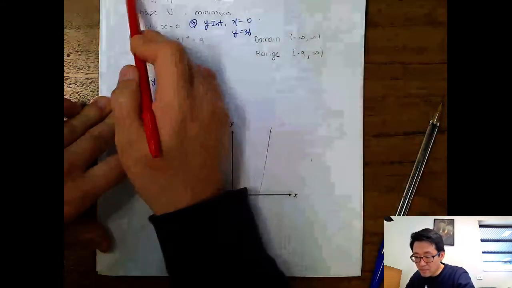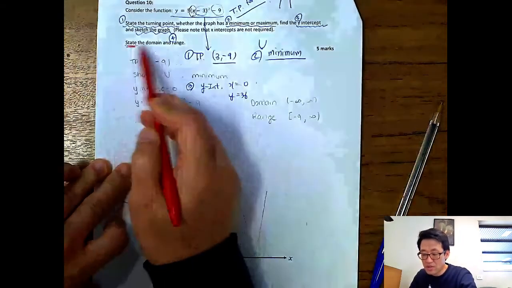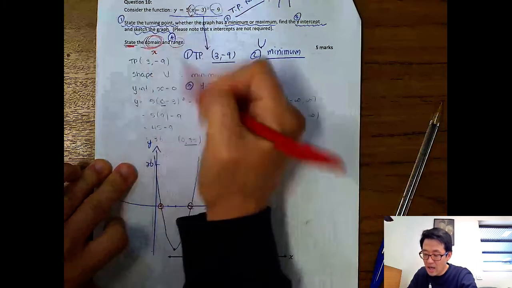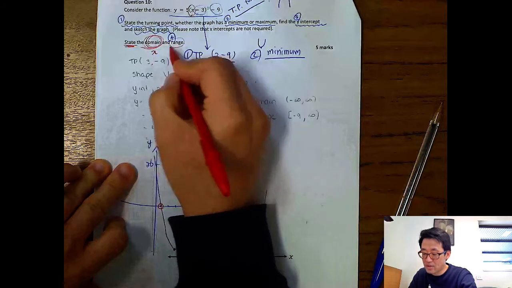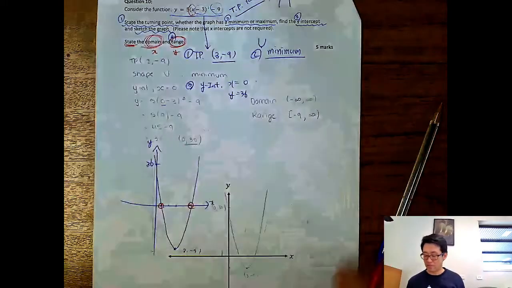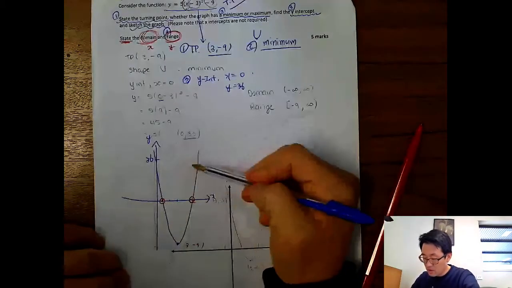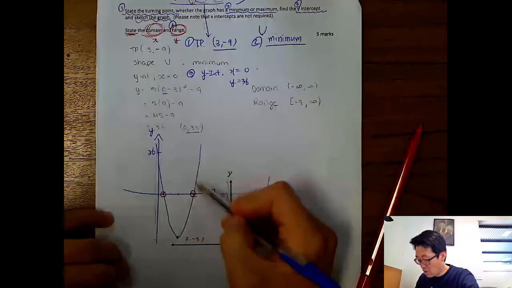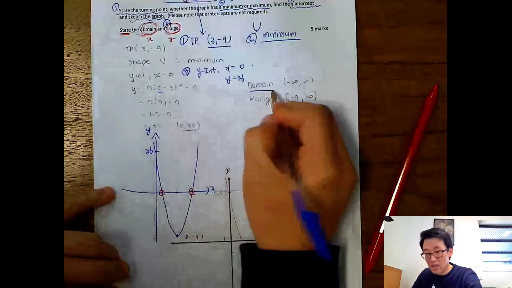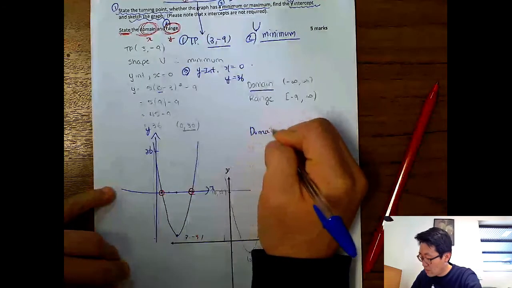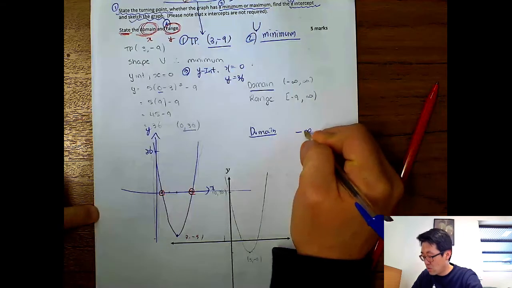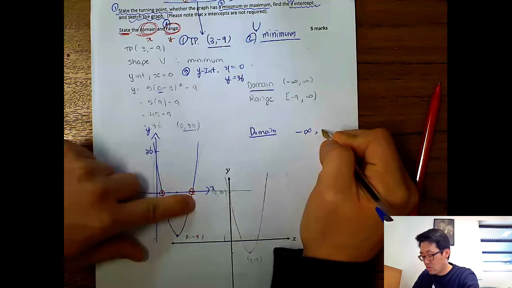And then state, that's important, the domain and range. Domain is about x, range is y. How much they cover. In this case, I can see x can go forever and forever. Therefore the domain is, about x, x can go all the way from negative infinity to infinity.